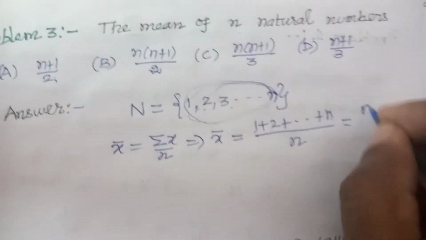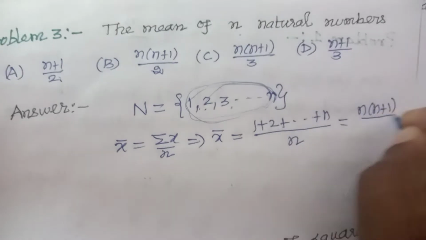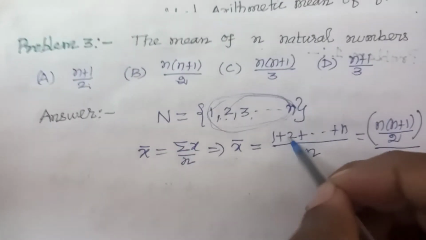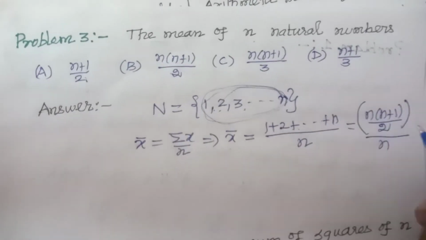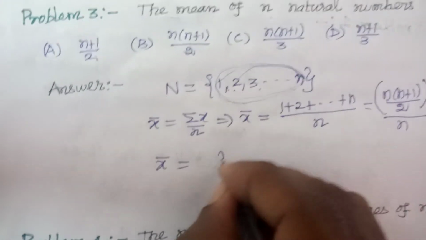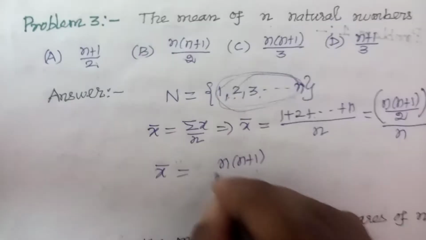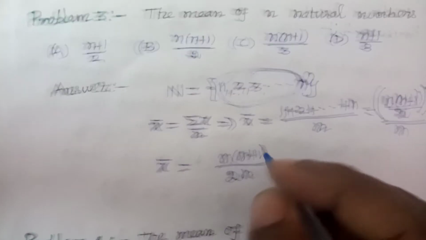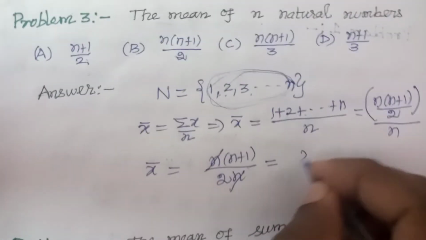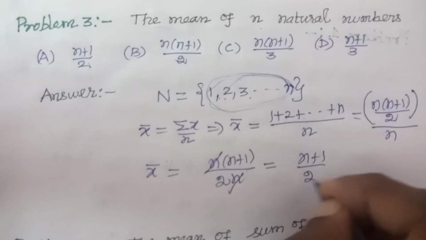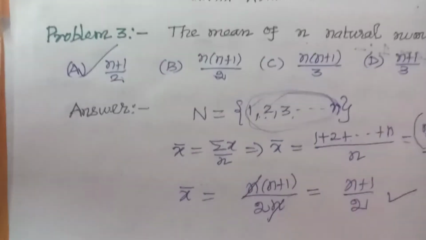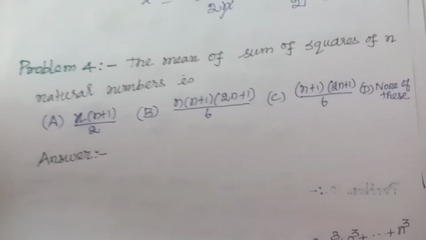The sum of 1 plus 2 plus etc. n is n into n plus 1 divided by 2. So x bar is equal to n into n plus 1 divided by 2, into 1 by n. Now n divides out, which is equal to n plus 1 divided by 2. N plus 1 divided by 2 is the answer. Option 1 is correct. Right. Go to the next problem.